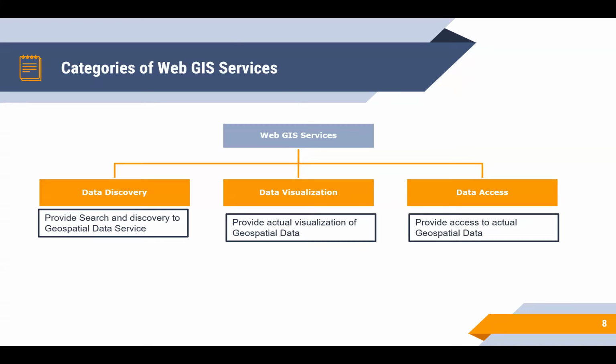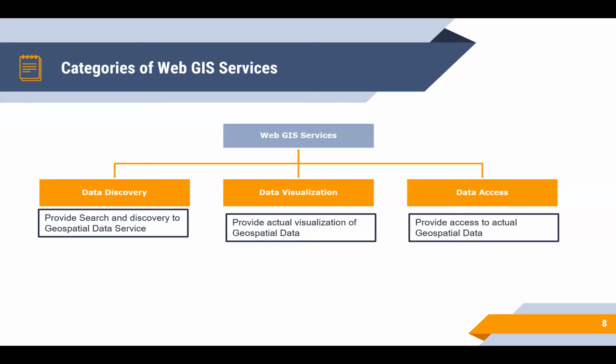Let's suppose we want to show the parcels where the category is residential. So we will send the query, we will search the parcels based on the category and it will show the data. So this type of thing comes under data discovery.